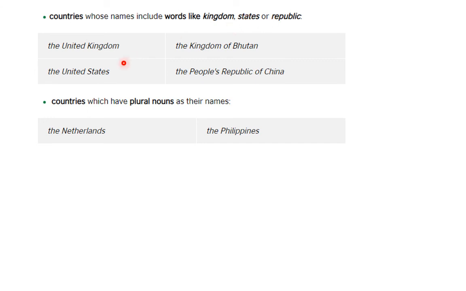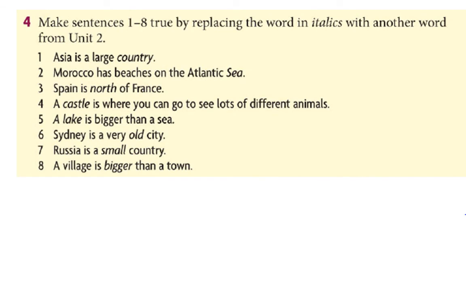So they should come with "the": the United Kingdom, the Kingdom of Bhutan, the United States, the People's Republic of China. Countries which have plural nouns as their names, for example, the Netherlands and the Philippines, should come with "the" because their names are plural nouns.